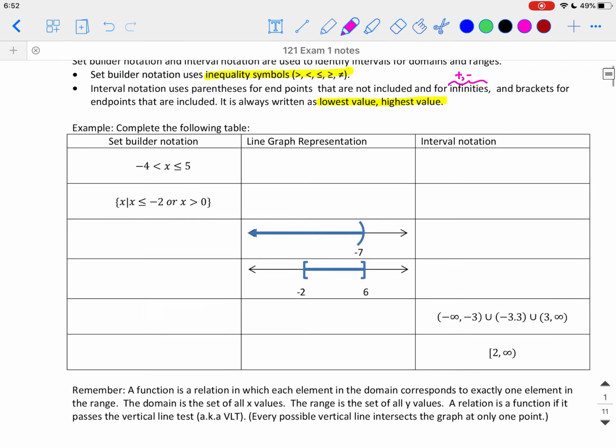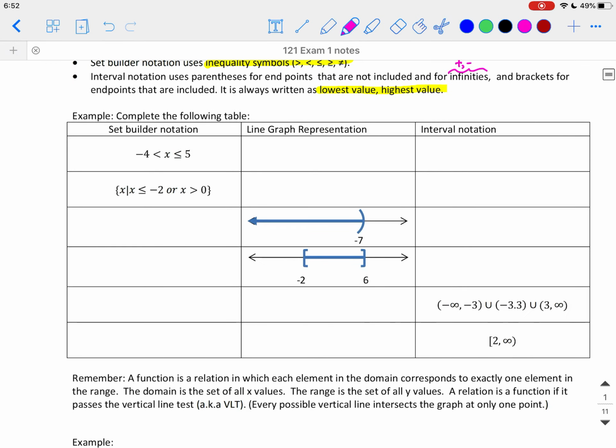Let's continue. Example: complete the following table. For set builder notation, I read this as x is greater than -4, or, and then with this arrow over here, x is less than or equal to 5.